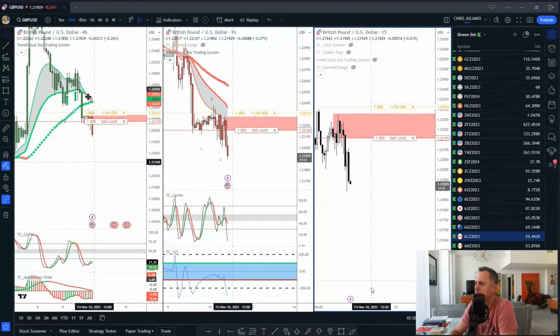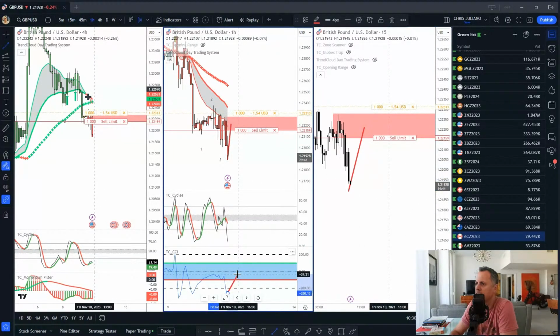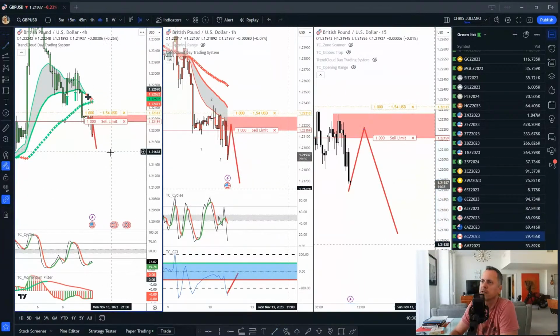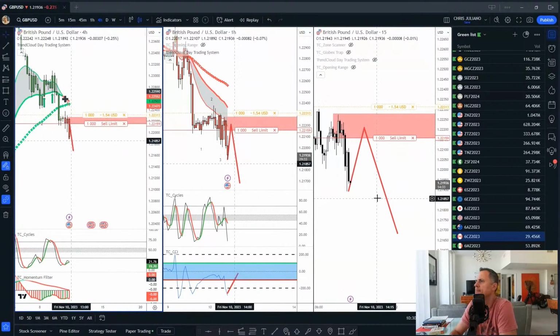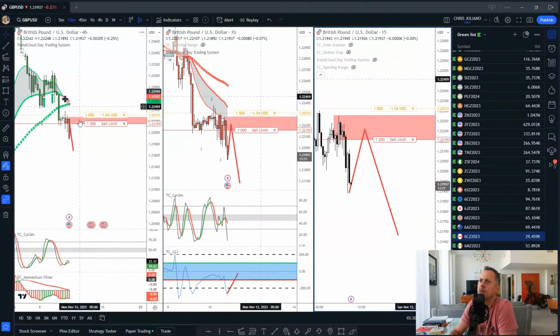And if this pulls back into that supply zone, you're pulling back like this into that CCI. That's great. That looks really good there. Nice. Right?